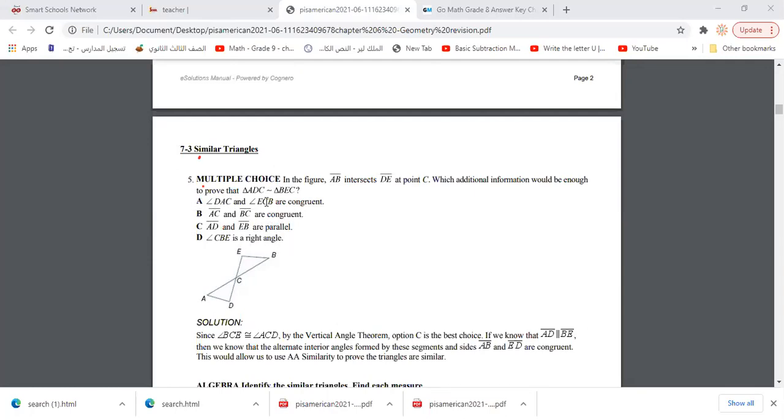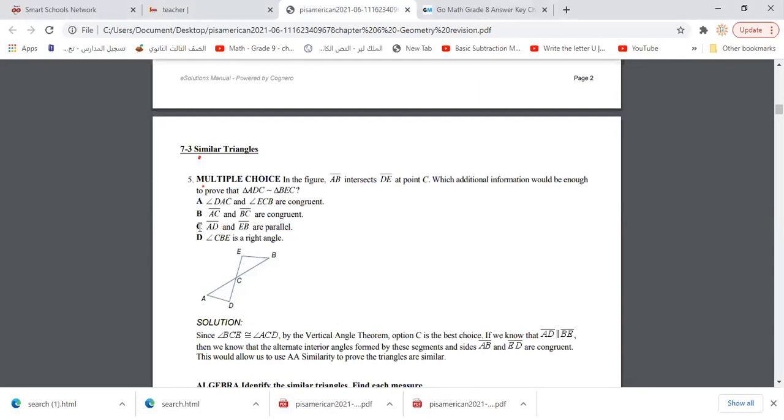Which choice will be correct here? Which one are you looking for? How can you prove that those 2 triangles are similar, which additional condition? He said only that those 2 lines are intersecting. AD and EB are parallel. Yes, exactly.